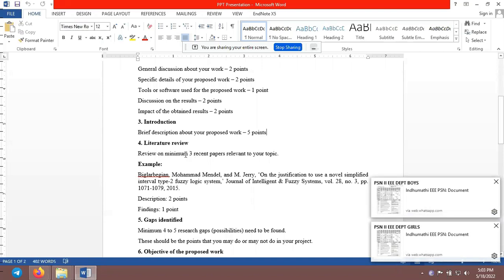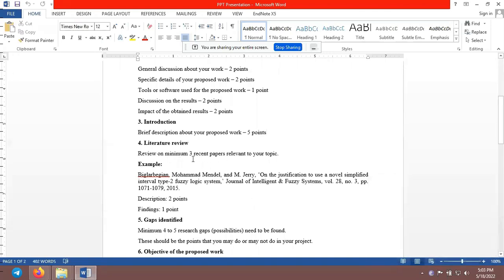The literature review should have a minimum of three base papers as three different slides. In a single slide, you can make one paper. You can read that paper and find out some findings about the paper. You can make a tabular column, which is much better.